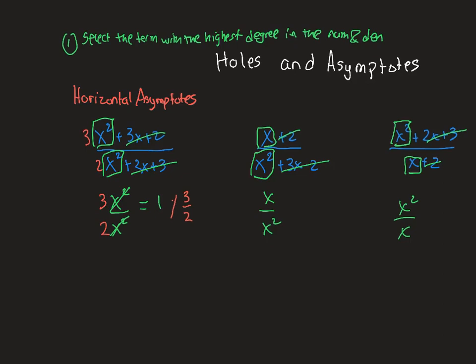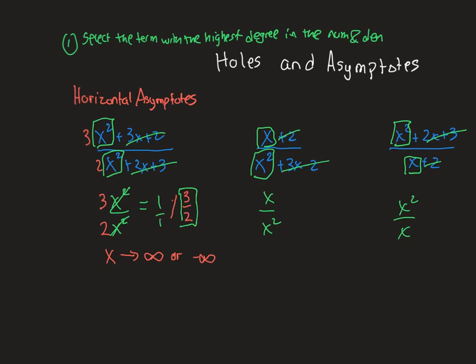So whenever you want to find asymptotes, you're basically asking yourself, what happens as x approaches infinity or negative infinity? So basically, as x gets bigger and bigger and bigger, both positively or negatively. Well, in this case, no matter how big or small x gets, the answer is still going to be 3 over 2, or 1. I guess you could say 1 over 1.